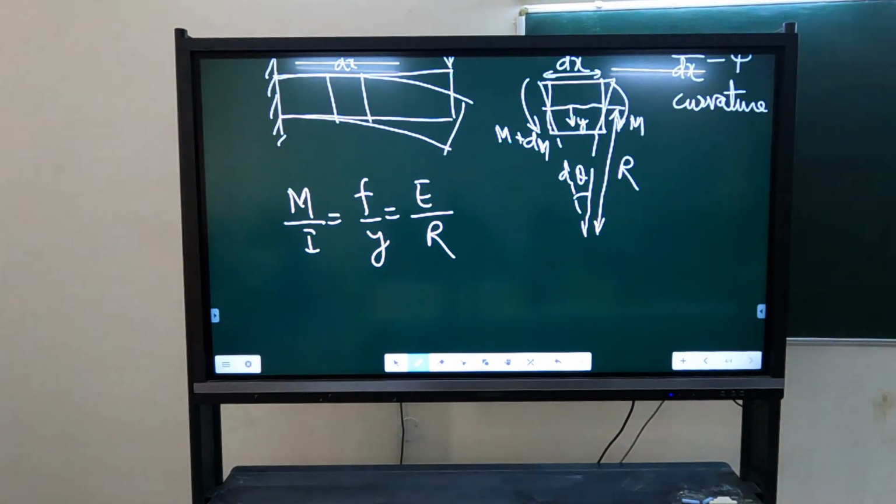It's available in all the books, any book on strength of materials. If you are not able to do it now, do it in your room. You should be clear how this is done. I am not doing it in the class intentionally, so you should do it.